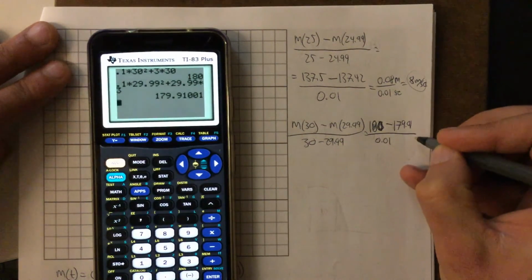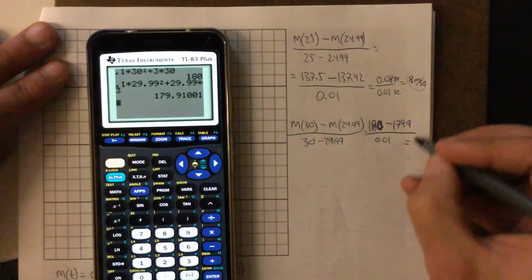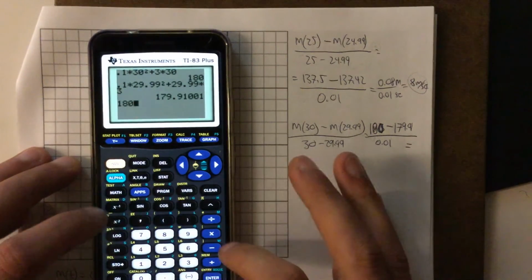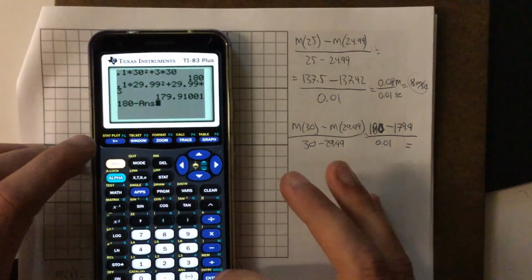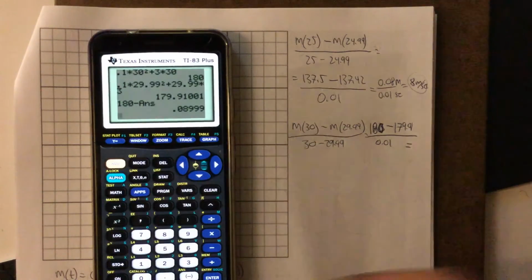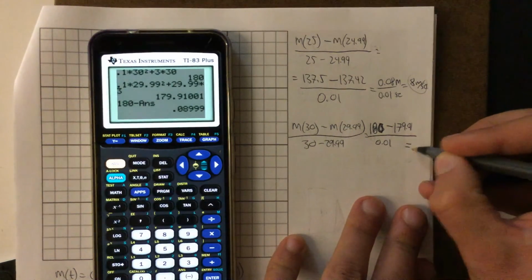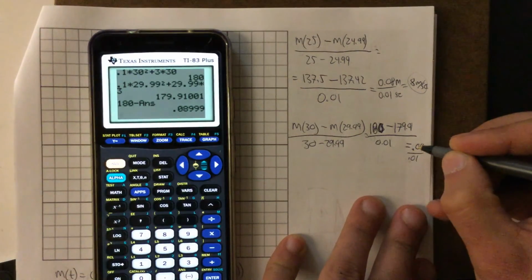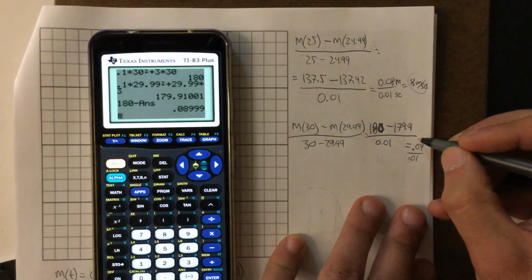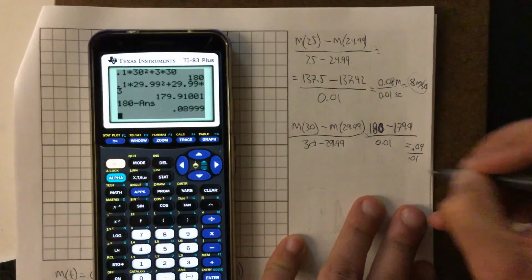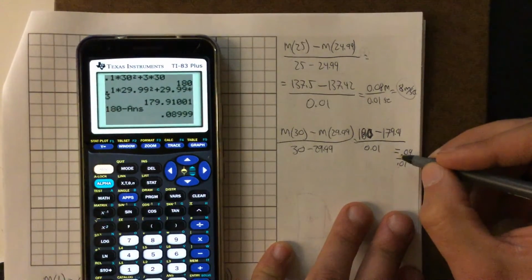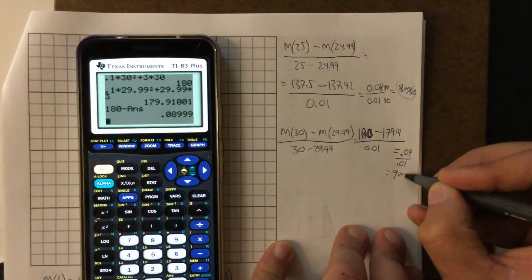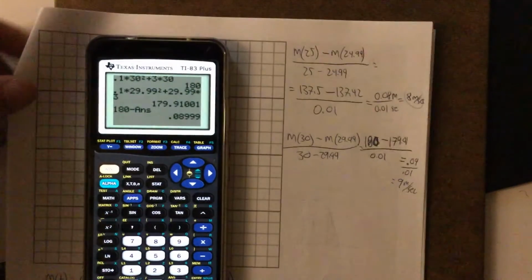So if we do 180 minus the answer we just got, that's 0.09. Oh, we're getting so close. And then if we divide this by 0.01, we're just moving our decimal over 2 spots. So that's going to be 9 meters per second. Okay, we're getting close to 10.